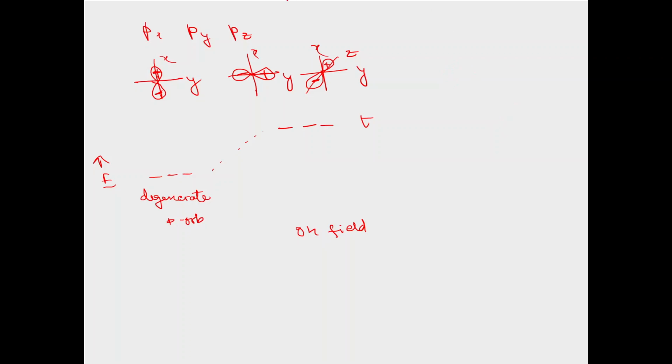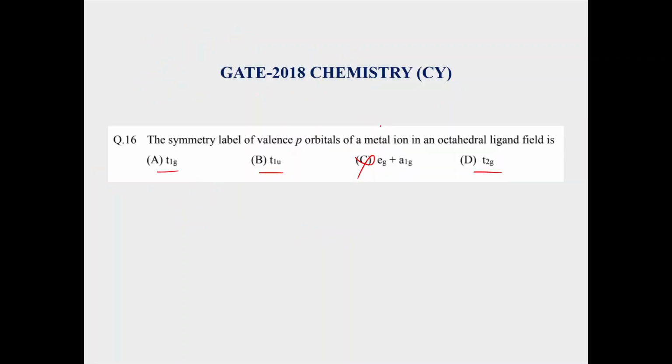So can anyone tell me whether these p orbitals have a center of symmetry or not? No, ma'am. Okay, so for this case it will be u, right? And in the options the other 2 are T1g and T2g, whereas only in this B case we can see it is T1u.